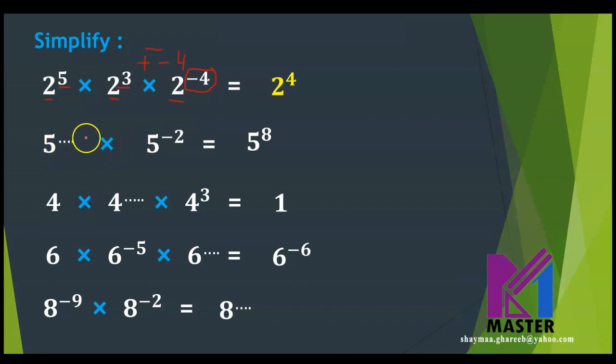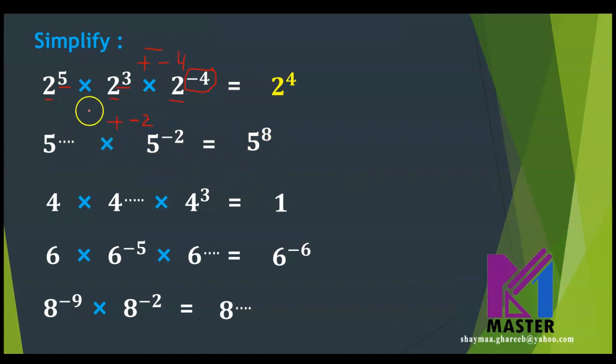In this example, we have a missing power. 5 to the power of what, times 5 to the power of -2 equals 5 to the power of 8. So I will ask myself, what number, when I add it to the -2, will give me 8?